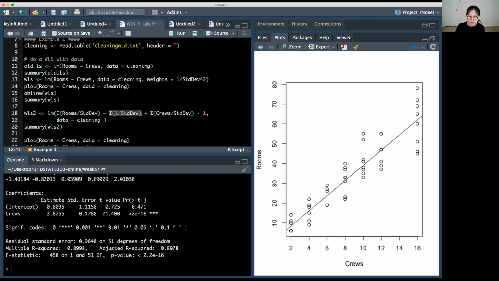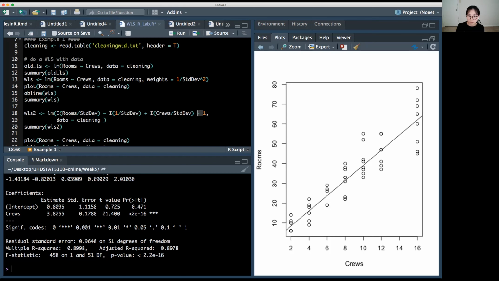I also transformed our intercept. For all the operations that I do on these variables, I have to use this I in order to make the lm function recognize these as your new transformed variables. I also have -1 here, because originally it would have an intercept, but now I want to remove it.